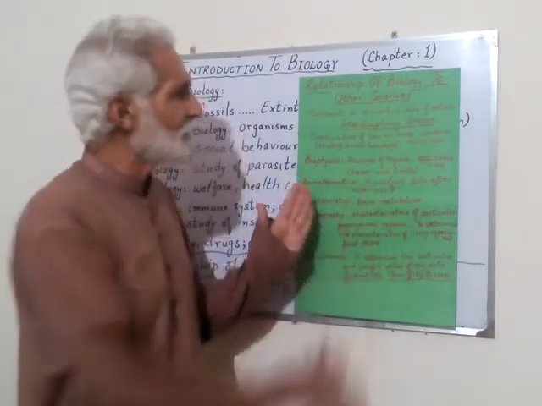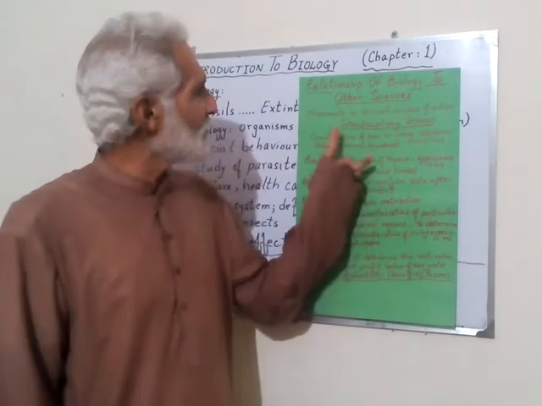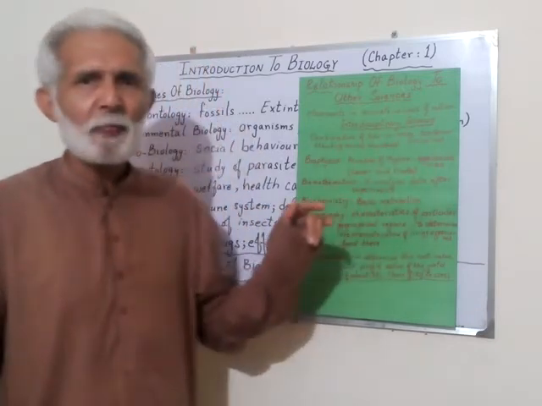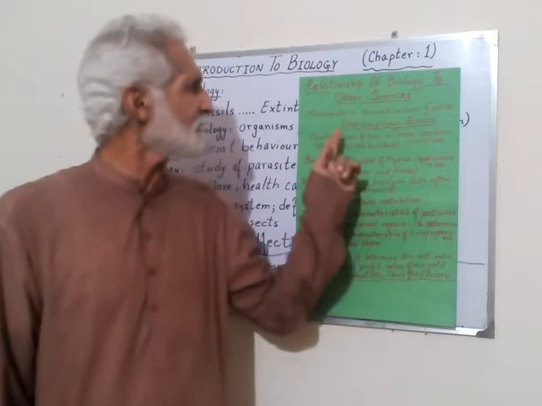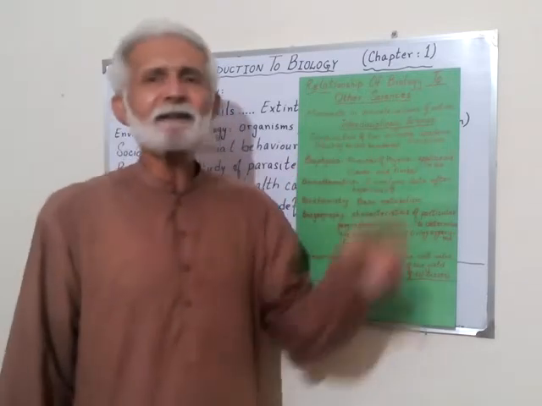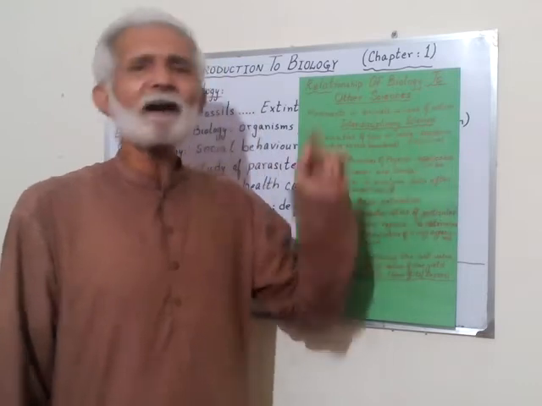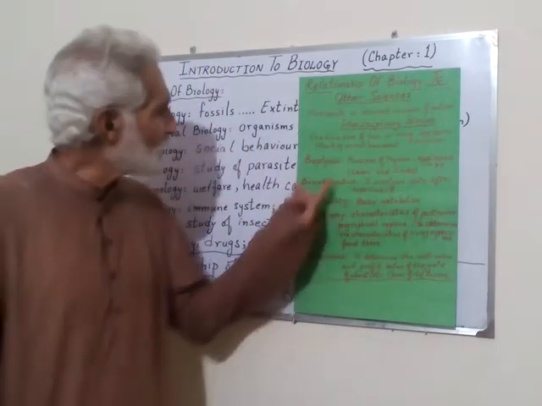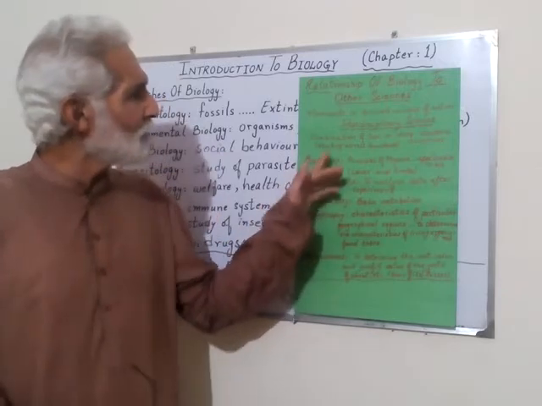The combination of these is basically called interdisciplinary sciences. The topic that we are doing is the relationship of biology to other sciences. Basically it is interdisciplinary sciences: a combination of two or more academic disciplines. When bio and physics combine together, why do they combine?